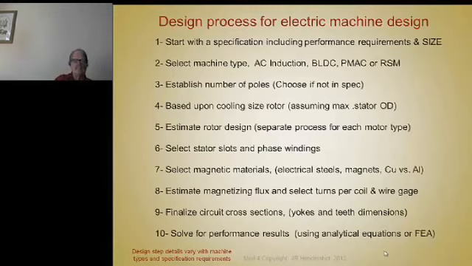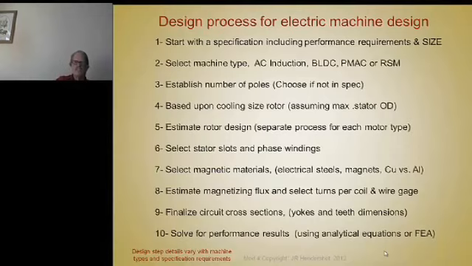It might be a maximum. Sometimes, if it's an induction motor and you're going to use it with a certain inverter that already exists, it might be specified. But I think the designer should always push his customer, his boss, his inverter partner. He should always push to maximize the number of poles.